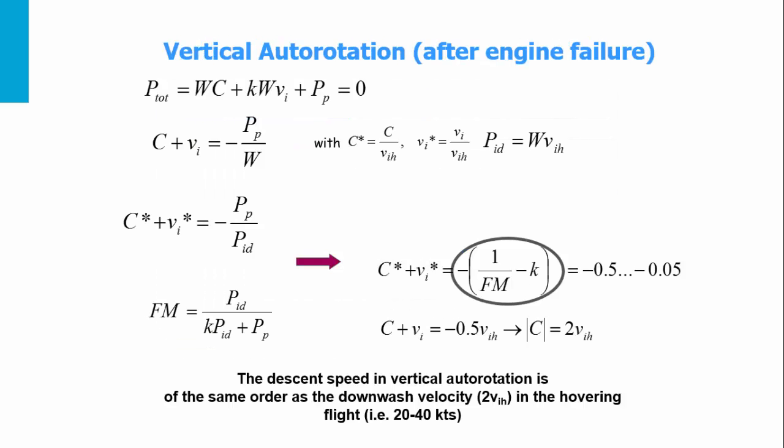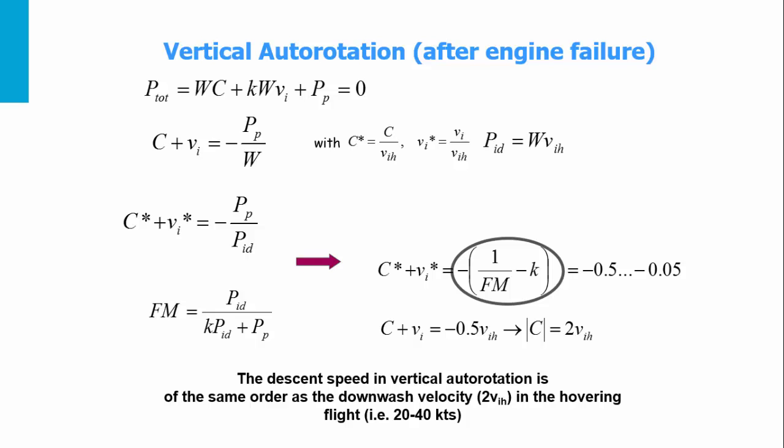If you recall the total power in blade element theory, it is the induced power kWvi, the profile drag power Pp, and the climb power, weight multiplied by C. This is zero as we are having an engine failure. In this way, just substituting this in the equation, we obtain that C plus Vi equals minus Pp over W.